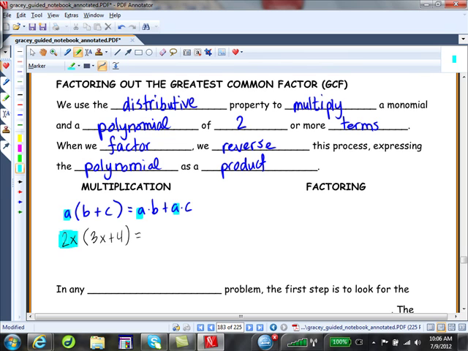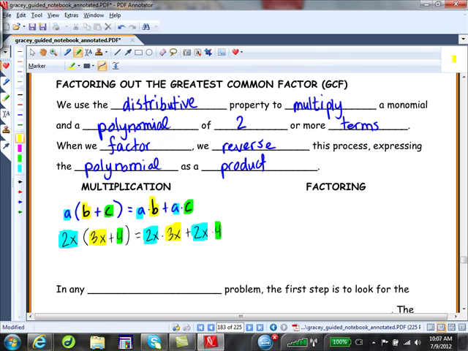The A is 2x, the B is 3x, and the C is 4. So then we would get 2x times 3x plus 2x times 4. That's how we used the distributive property in order to multiply a monomial with a binomial in this case.